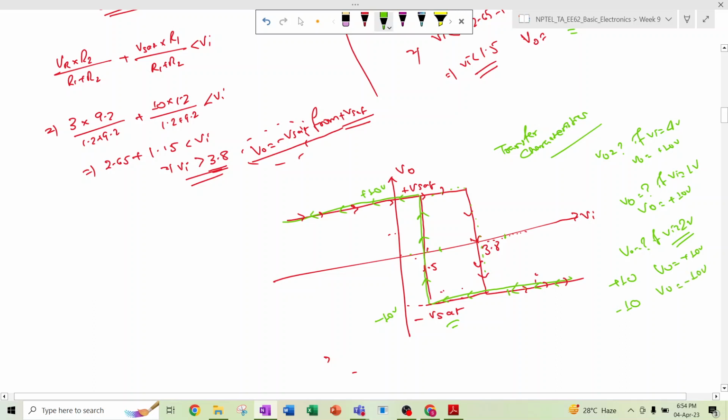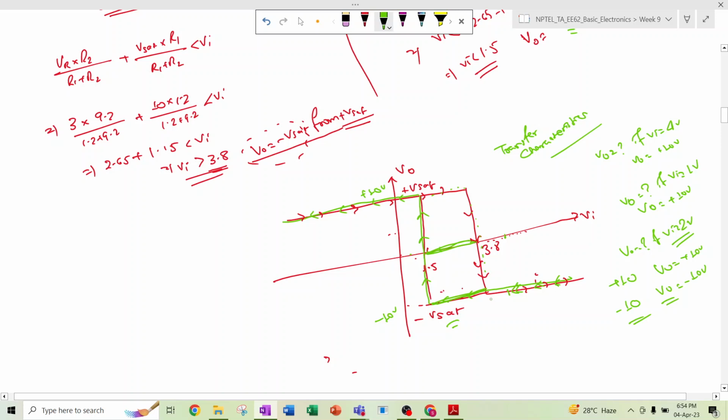Within this region, the output voltage holds the previous value. So that is the basic concept of memory, that the present output depends upon the past output.